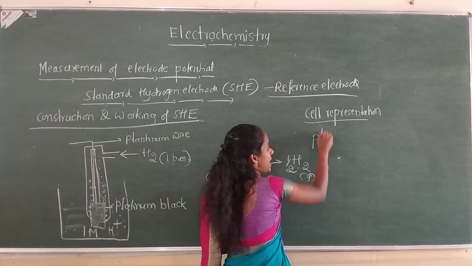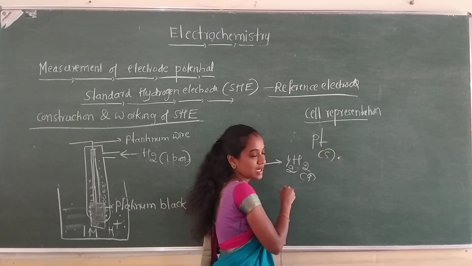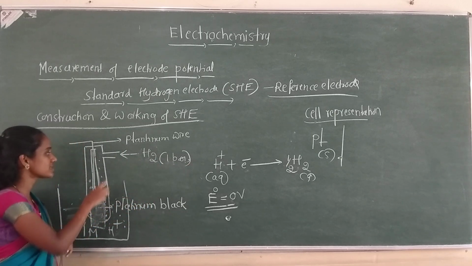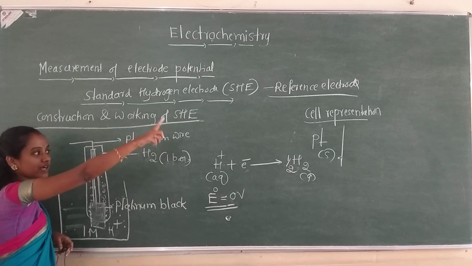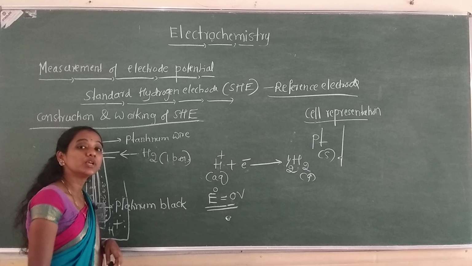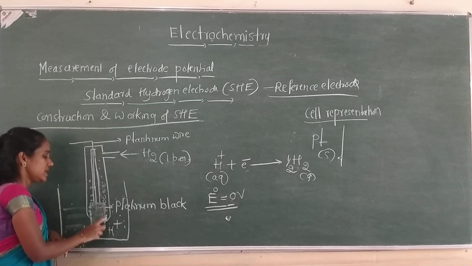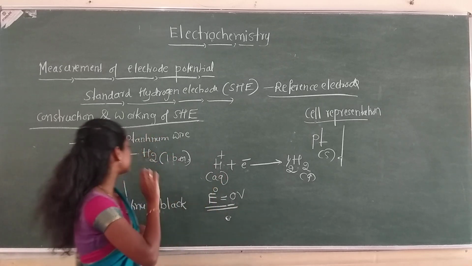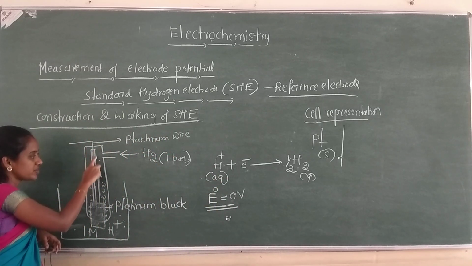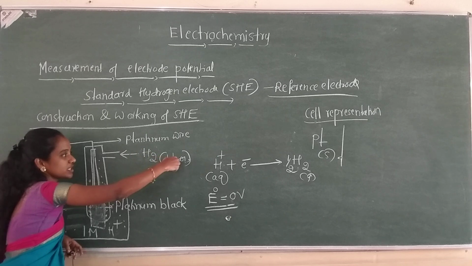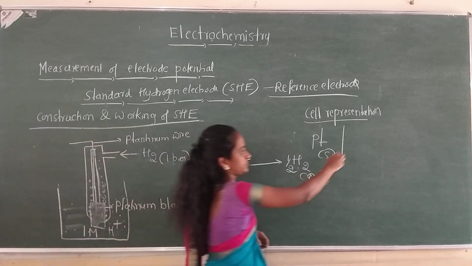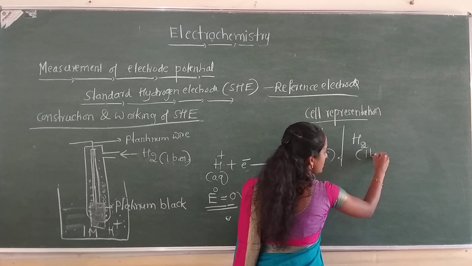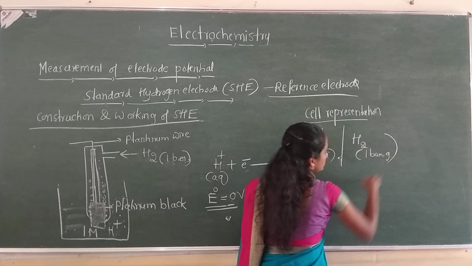So first you write platinum, which is a solid metallic wire, the electrode, a metallic surface. After that, one vertical line, because there is an interface between electrode and electrolyte. Before that, platinum is in contact with hydrogen gas, so you write H2, and within the bracket you write 1 bar, since it is a gas.